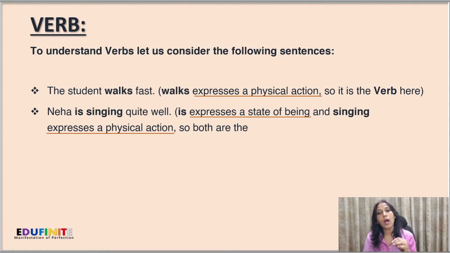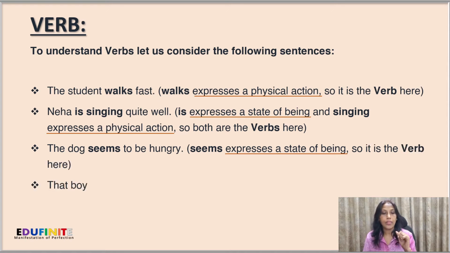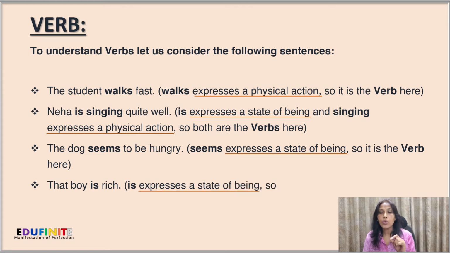So both are the verbs here. The dog seems to be hungry. Seems expresses a state of being, so it is the verb here. That boy is rich. Is expresses a state of being, so it is the verb here.